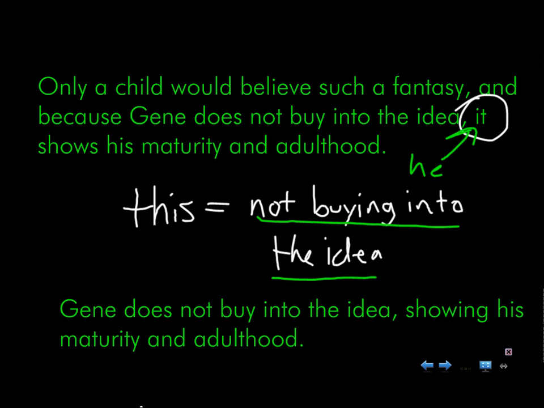Showing his maturity in adulthood, Jean does not buy into the idea. Or Jean, showing his maturity in adulthood, does not buy into the idea. That showing his maturity in adulthood, what is it modifying? It's a phrase, a participial phrase. You haven't learned them yet, but it's modifying Jean. So if it goes right in front or right behind Jean, it works just fine. So there we go. Okay, did we have one more it?